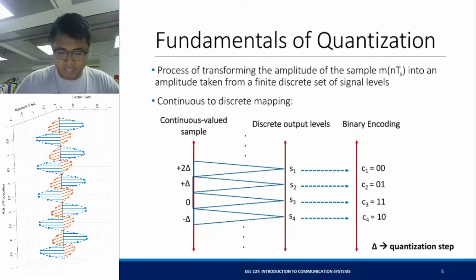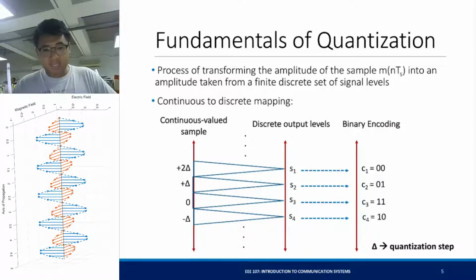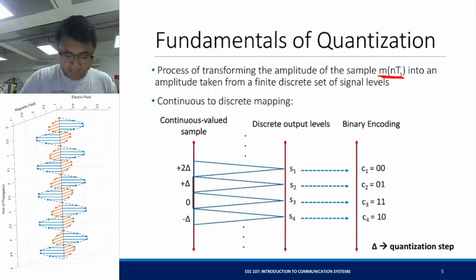Okay, so what is quantization? It's the process of transforming the amplitude of a sample of your sample message, which is continuous, into an amplitude taken from a finite discrete set of signals. Okay? So basically, you're mapping a range of data into a single value. That's it.